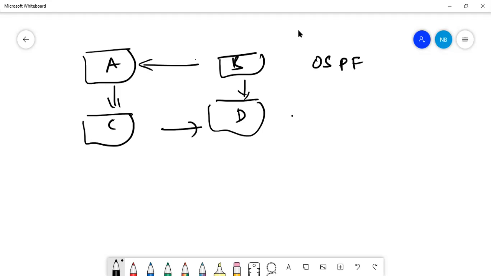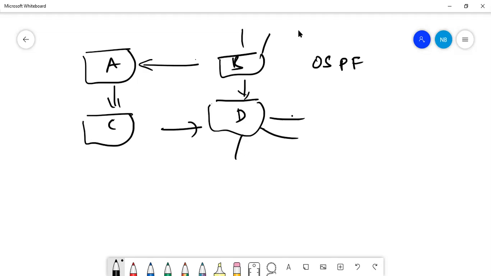So what happens here is, let us say that if there is any change in the networks which are linked to a particular router, or a connection failed, or the router connection which is used.